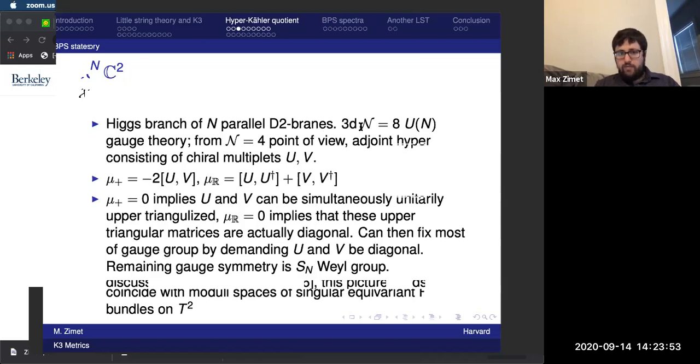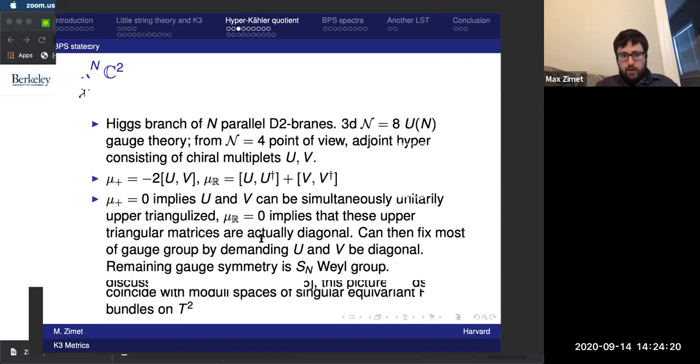But one can arbitrarily focus only on a Sym^N C^2 part of that moduli space just by focusing on the part of the moduli space where the vector multiplet scalars vanish, and one just looks at the hypermultiplet scalars. So when one does that, one finds these moment maps.